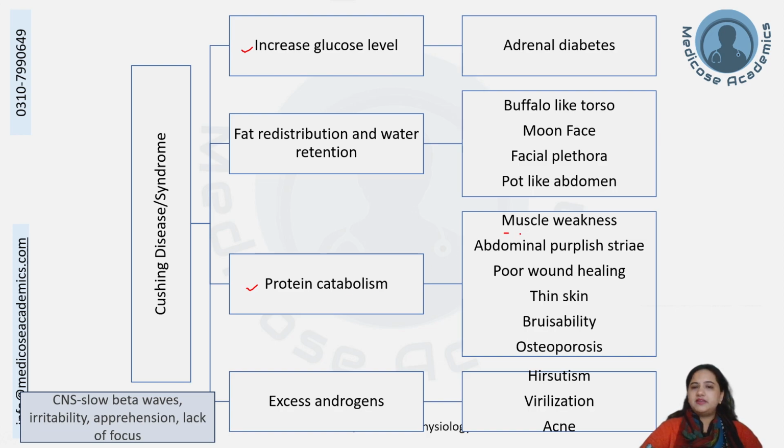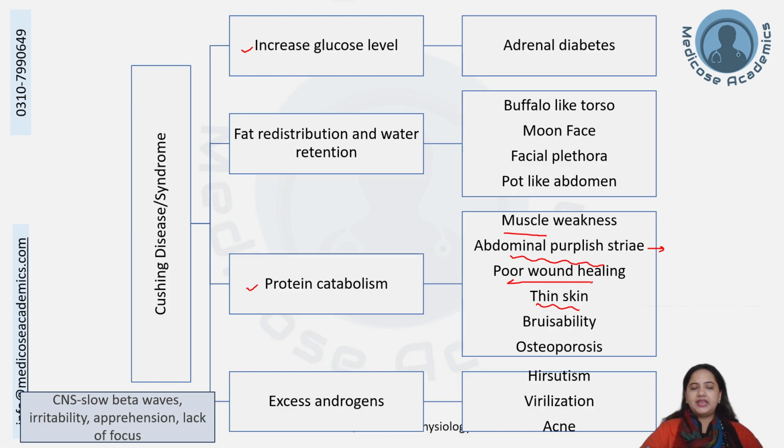That can lead to muscle weakness. Abdominal purplish striae. What are these? Because of catabolism of subcutaneous proteins, thin skin, and subcutaneous collagen, that can lead to weakening of skin, and purplish striae will become prominent on the abdomen.